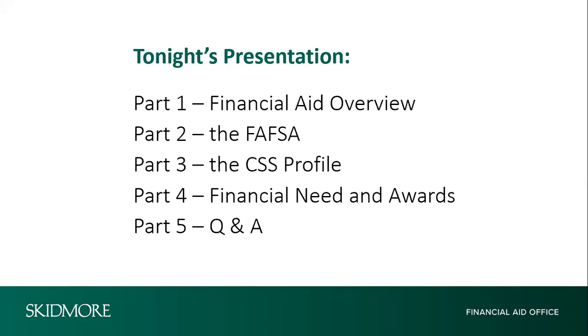The CSS Profile is the form required to be considered for Skidmore grant assistance from all international students and U.S. citizens and eligible non-citizens. Then I'll review how we determine financial need of families, how we put together financial aid awards, and then leave some time at the end for your questions and hopefully answers.